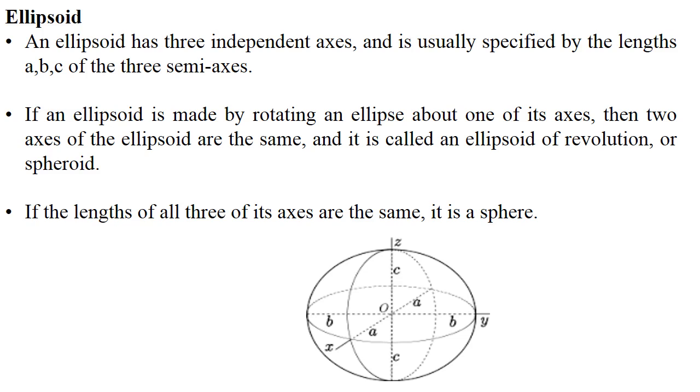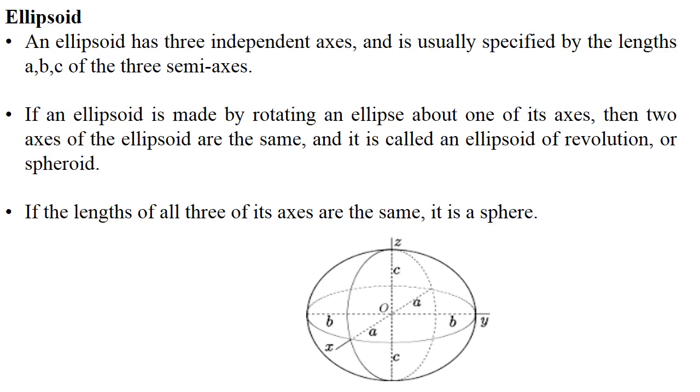So, you have three different terms: ellipsoid, spheroid, and sphere. In ellipsoid, you have all three axes independent, in spheroid, you have two axes the same, and in sphere, you have all three axes the same.